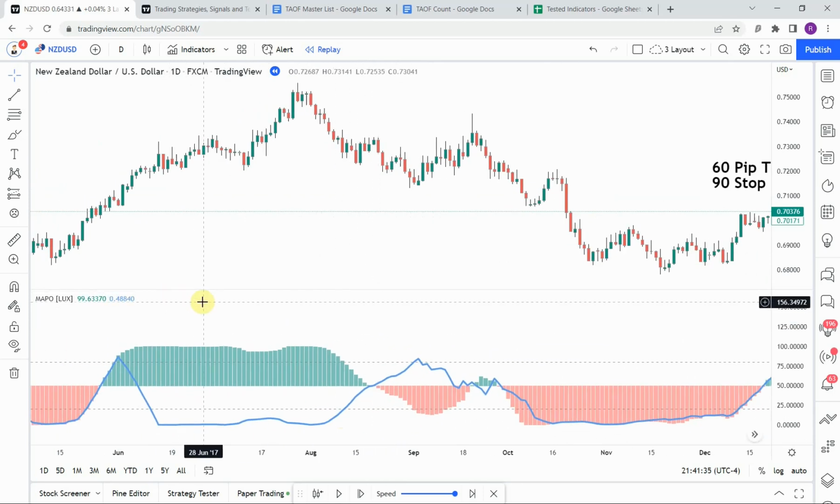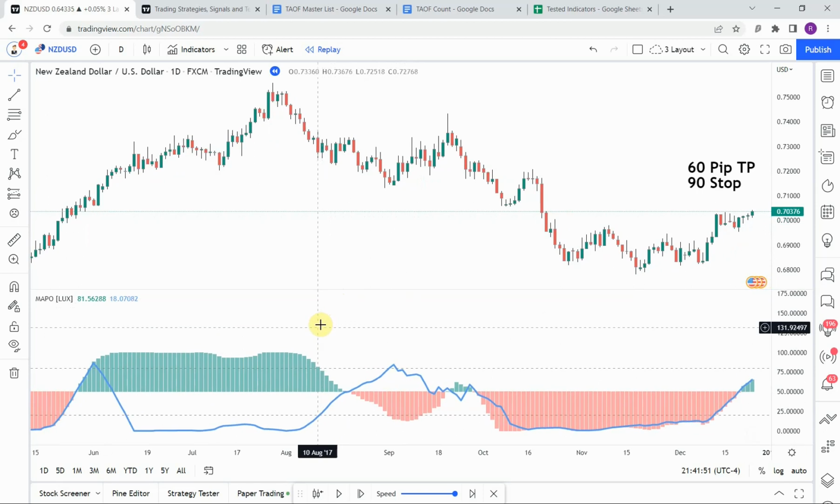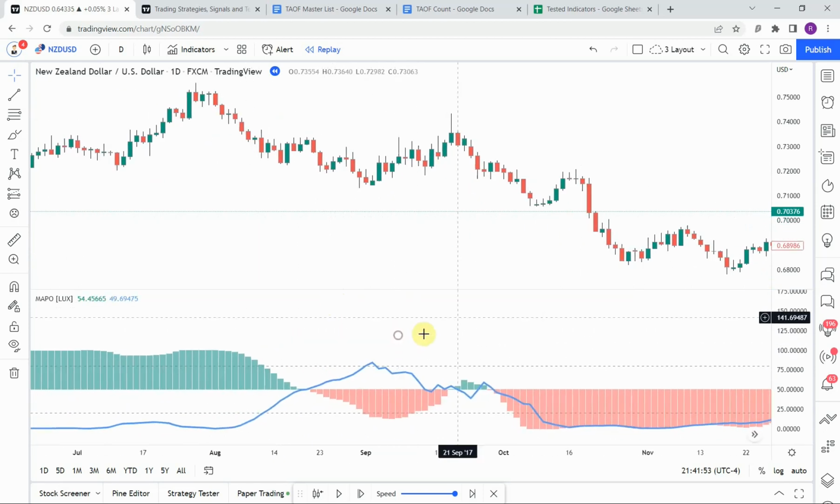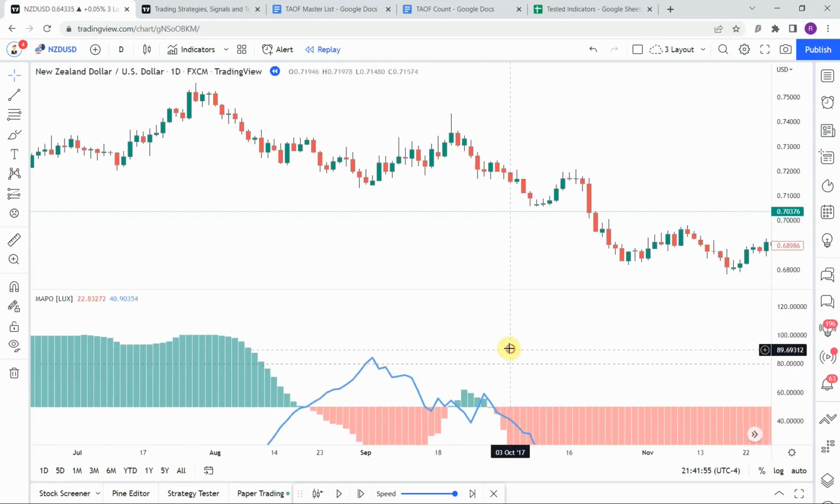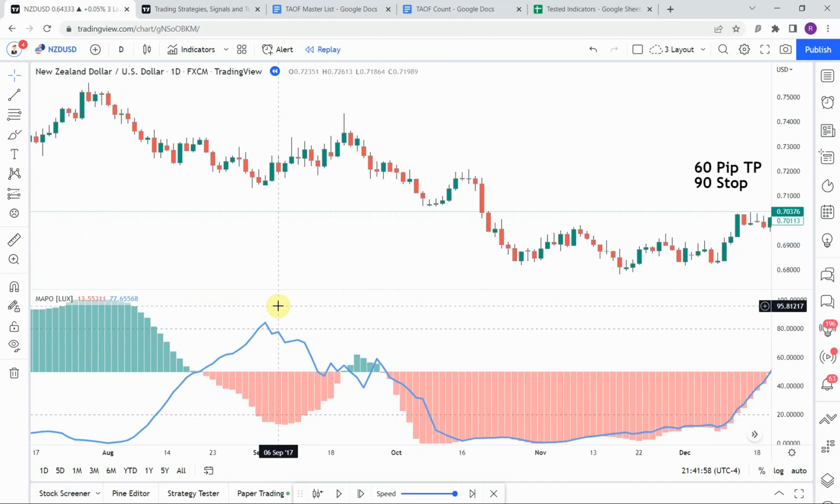And so what we are looking for is first and foremost when the histogram breaks either to the upside or to the downside of that 50 marker, that single point there. When it breaks to the downside, for example, we are looking for the blue line, the proximity index line, to be under the 50 marker also.